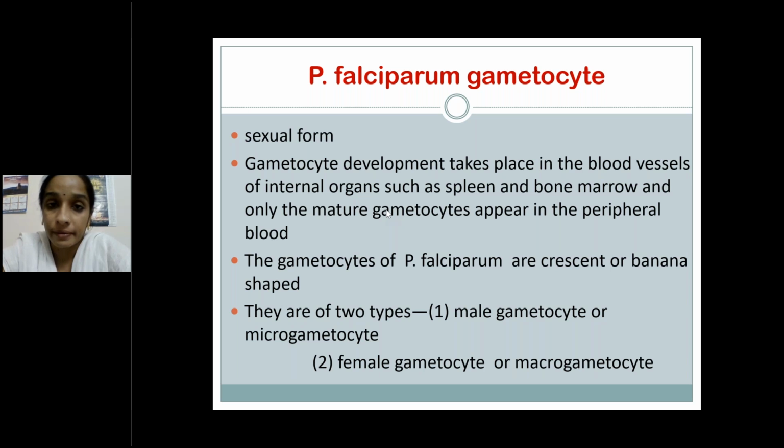Next, gametocytes of falciparum. The gametocyte is the sexual form of Plasmodium falciparum. Gametocyte development takes place in the blood vessels, spleen, and bone marrow, but only the mature gametocytes appear in the peripheral blood.